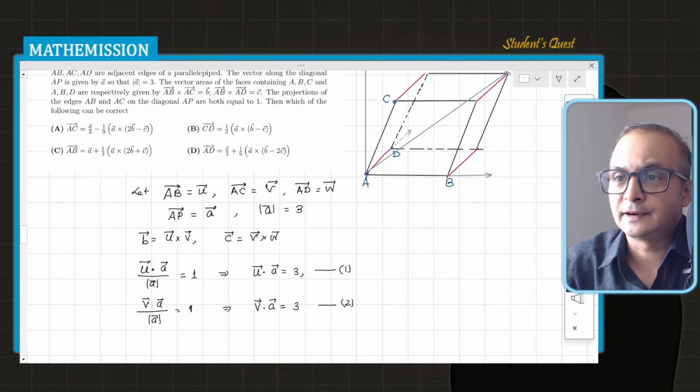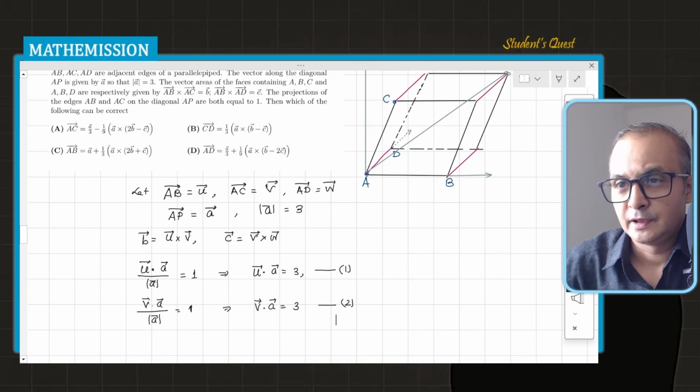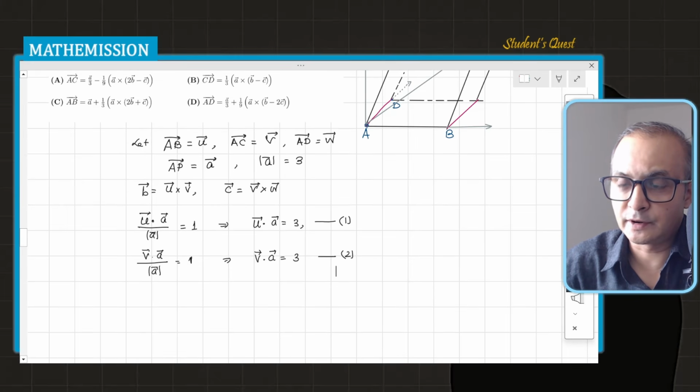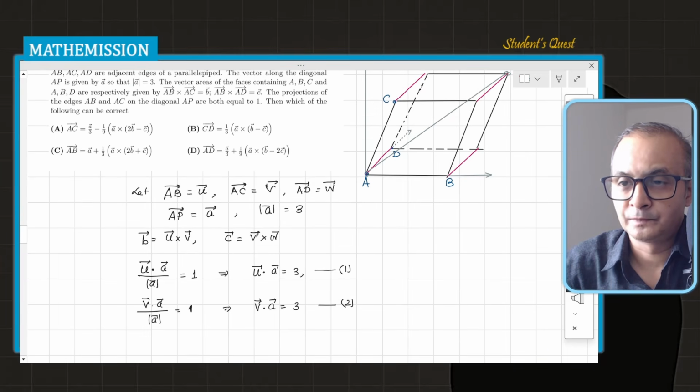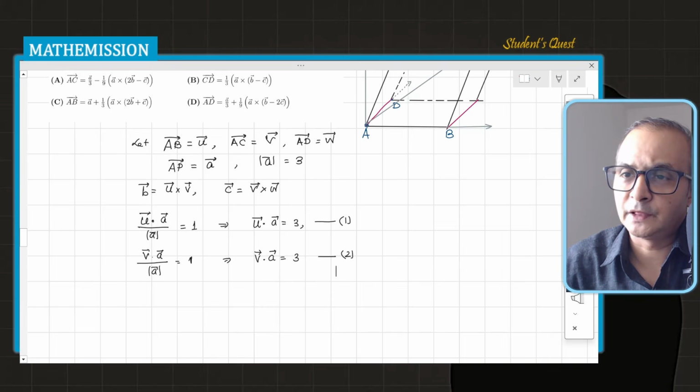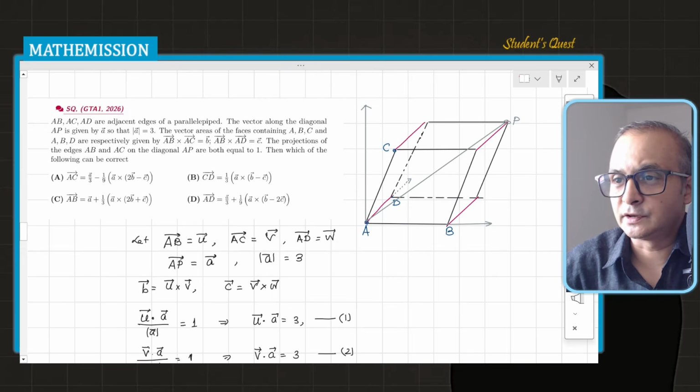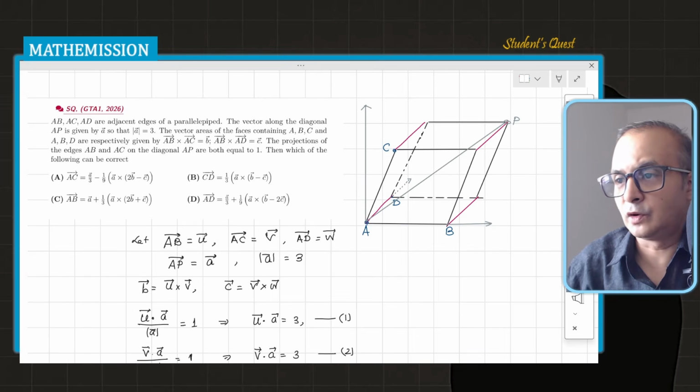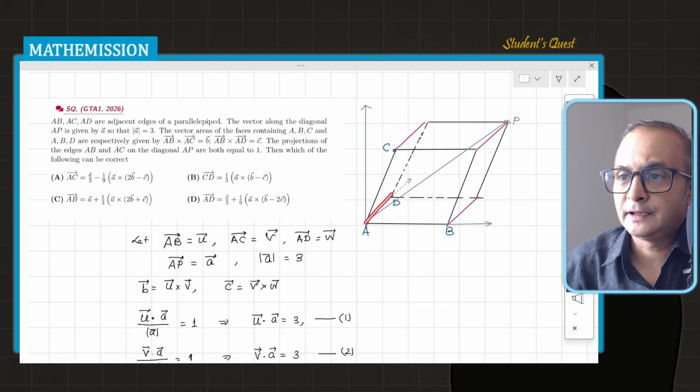For that, let's recall the vector triple product, because in the vector triple product we can get U dot A and V dot A somehow. But before that, identify one thing: the vector A, the diagonal vector, can be written in the form of these sides, AB, AD, and AC.